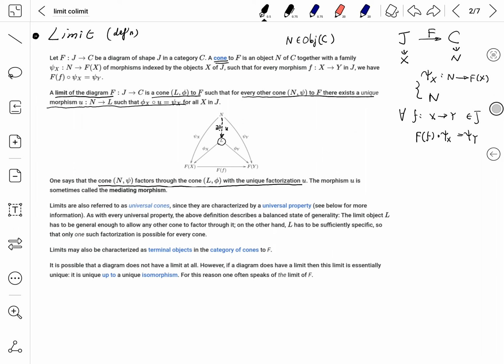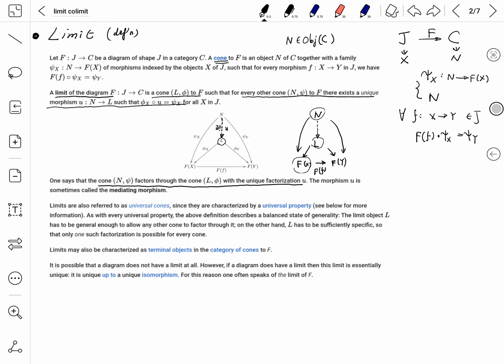Usually the way I remember this is when you draw a diagram. Firstly you have your cone, and then for arbitrary objects you always put it further out. You don't put it here, you put it further, and it satisfies the same thing, and then it factors through. Factoring through means to start from here and arrive at F(X), you have to first go to L and then go to F(X).